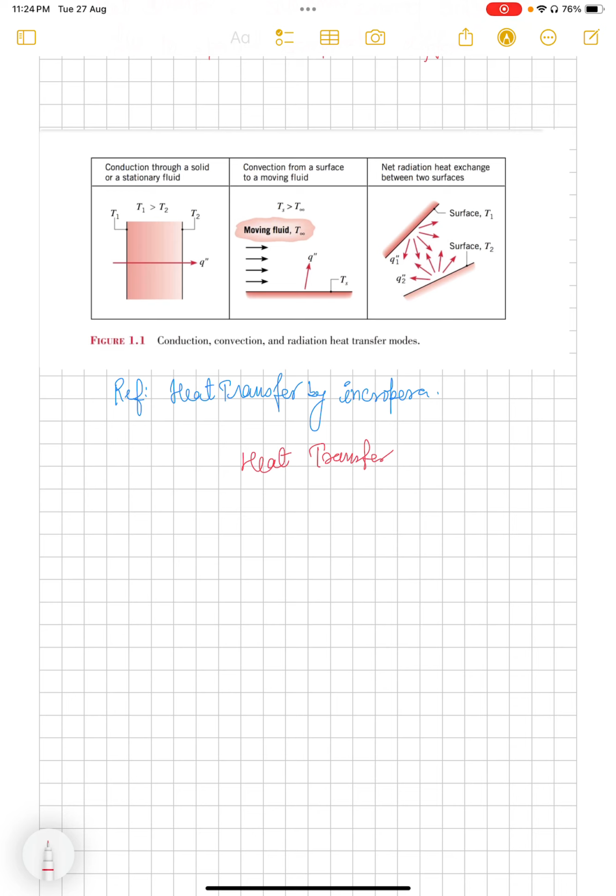First is the mode which requires a material medium. Another mode of heat transfer does not require any material medium.